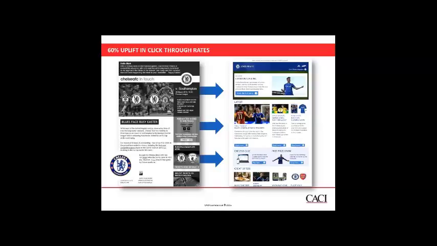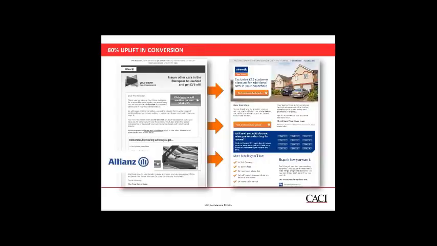On the left-hand side, the example that they were running previously, and then the CACI principles implemented on the right-hand side to lay out brand engagement content, stories, and offers, very targeted offers. So moving from a very lengthy email without an optimized power region, without being mobile optimized, moving to best practice drove a 60% uplift in click-through rate.